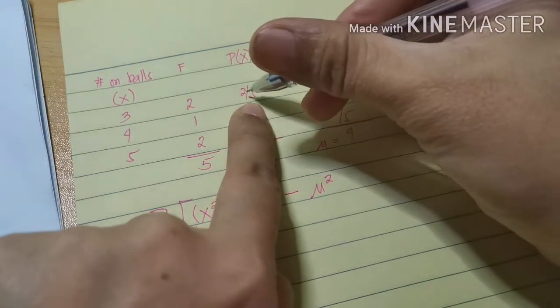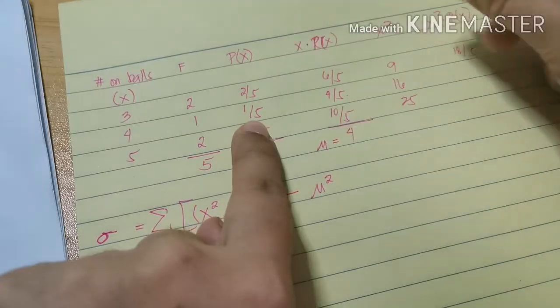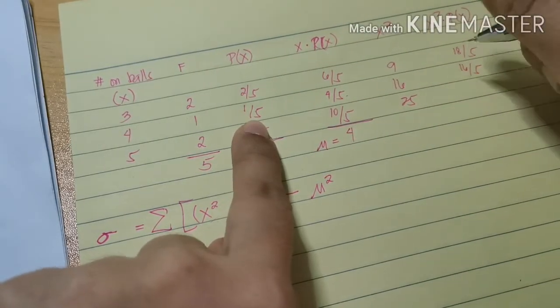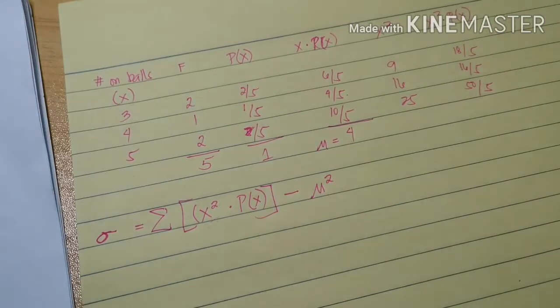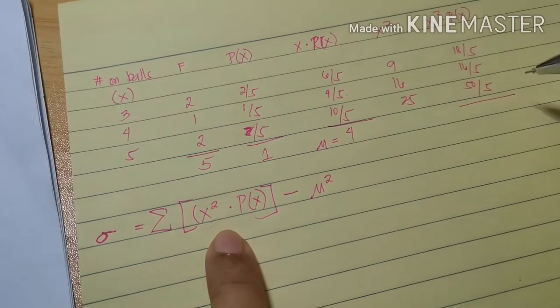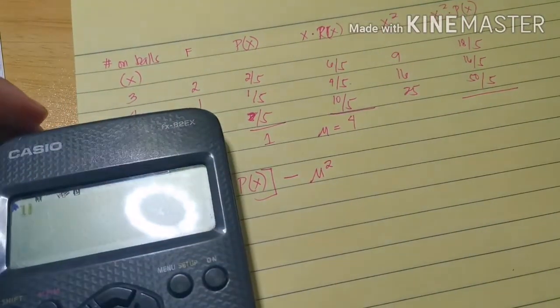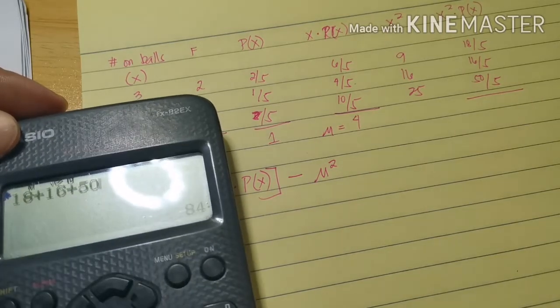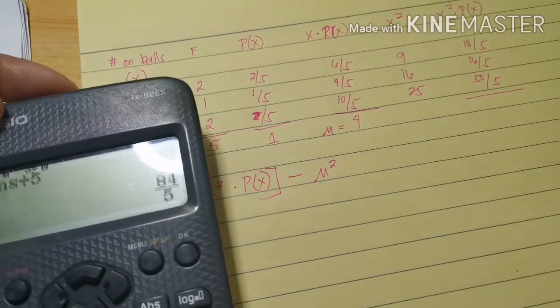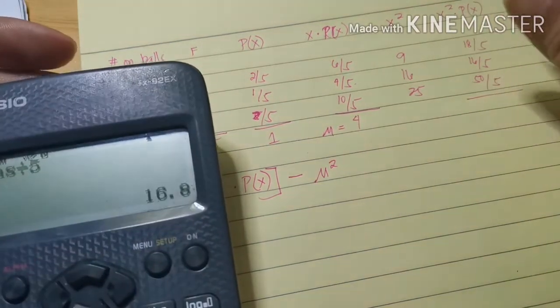So 9 times 2 is 18 over 5, and then we have 16 times 1 is 16 over 5, and then we have 25 times 2, that is 50 over 5. And then we get the sum. Okay, the sum. So we are going to compute again. So we have 18 plus 16 plus 50, okay, divided by 5. Ayan, so we have 84 divided by 5, 84 over 5, or 16.8.